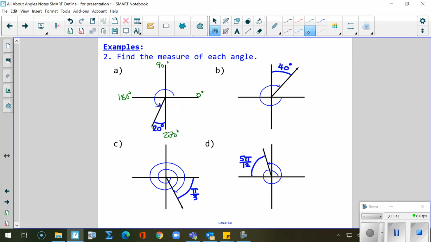The angle we're asked to find right here, I just traced over it, is more than 180 degrees and less than 270. I can tell by the information given that it's 20 degrees less than 270. So that would be the math I do. 270 degrees, take away that little sliver of 20 degrees, and the angle I was looking for is 250 degrees.